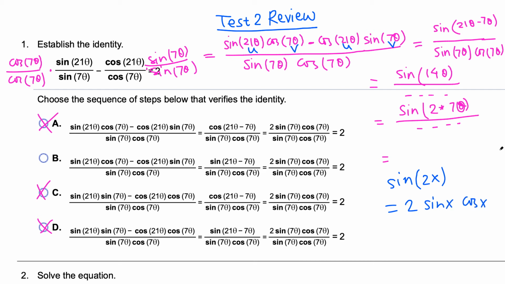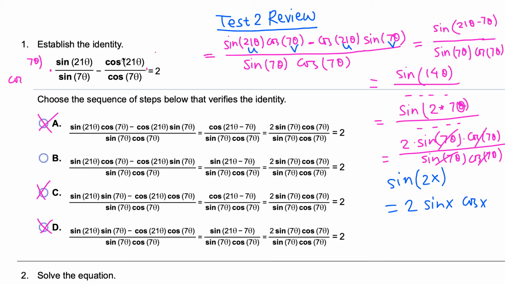So using this formula, sine of 2 times 7 theta is 2 sine 7 theta cosine 7 theta, and on the bottom we have sine 7 theta cosine 7 theta. So sine cancels, cosine cancels, 2, and that's how we get the right hand side 2. Okay, that was what we were supposed to get. So this one is the correct choice.